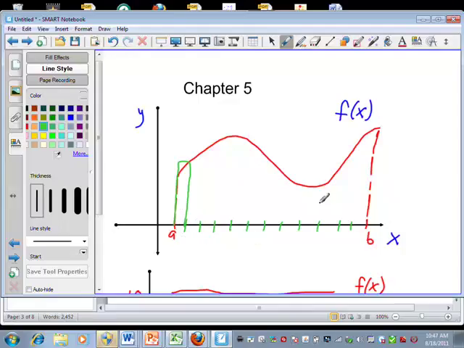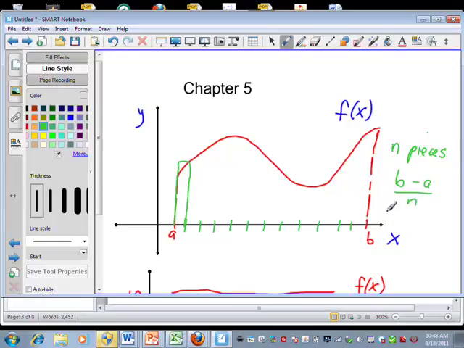If that's true, and I have n pieces, what is the length of each piece? What's the total length? What's the distance from here to here? That's a, b. I'm sorry. It's b minus a. That's right. So the whole distance is b minus a, and I have how many pieces?